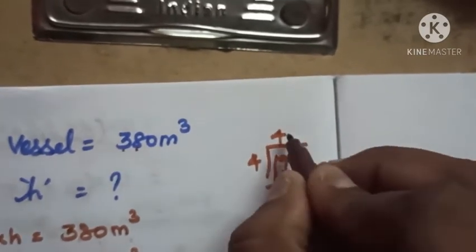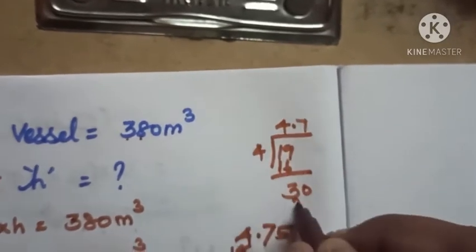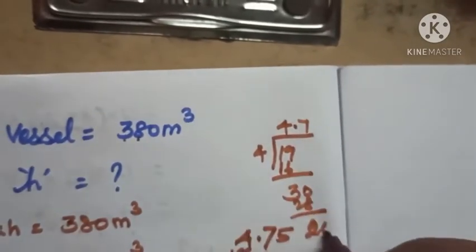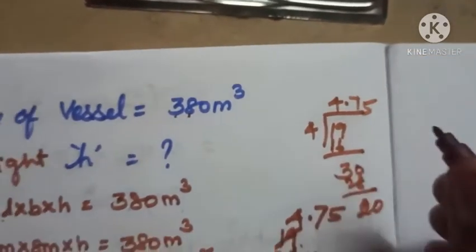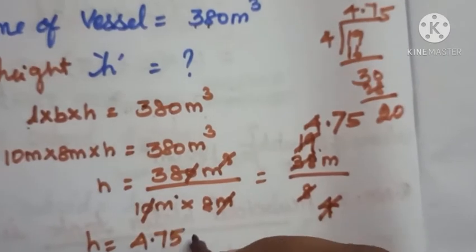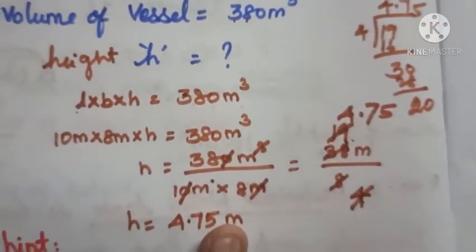So you put a decimal point and 0. How many times? 7 times. You take 28, remaining 2. Already you have a decimal point, you add a 0. How many times? So what is the height? The height seems to be 4.75 meter. So this is the height of the cuboid vessel.